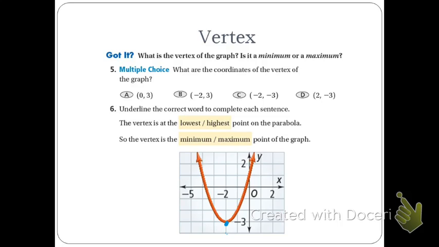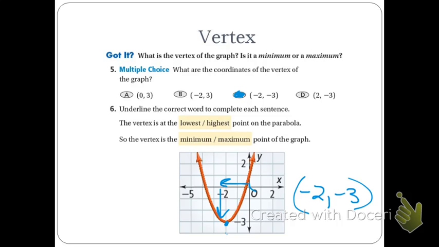Right there. Its coordinates, if the origin is right here, your x value is -2, and your y value is -3. So it looks like C would be your answer.